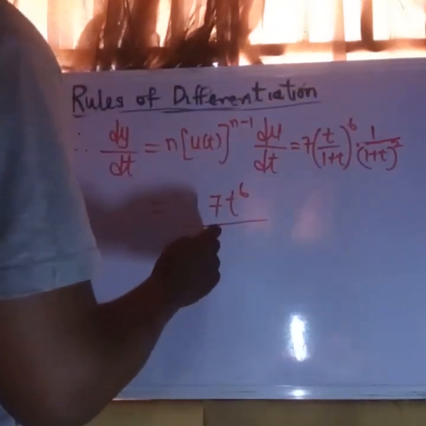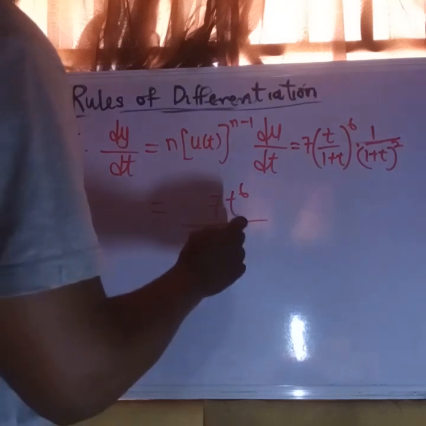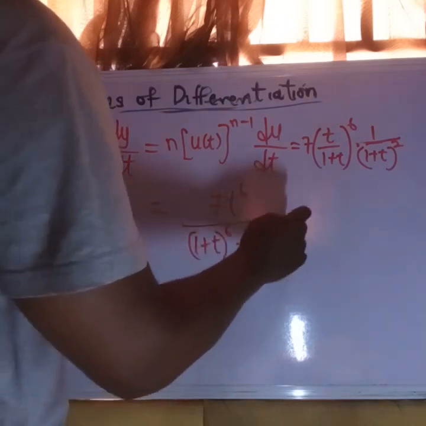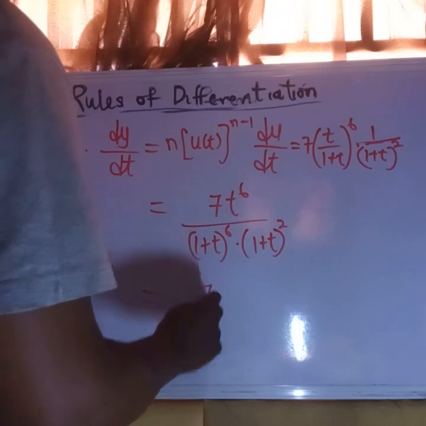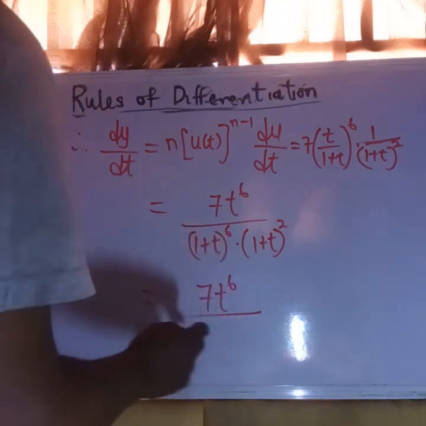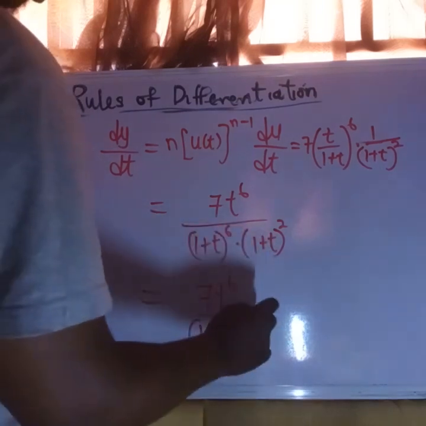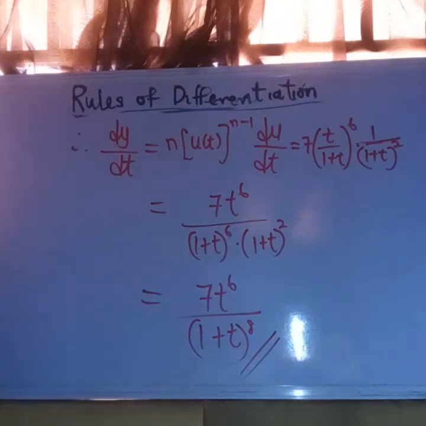This will be 1 plus t to the power of 6 multiplied by 1 plus t raised to the power of 2. Accordingly, this is 7t to the power 6 over 1 plus t to the power 8. By the law of indices, you can combine this to get this. So here is the slope of the function y equal to t over 1 plus t to the power of 7. This is how we apply both the chain rule and the power rule.